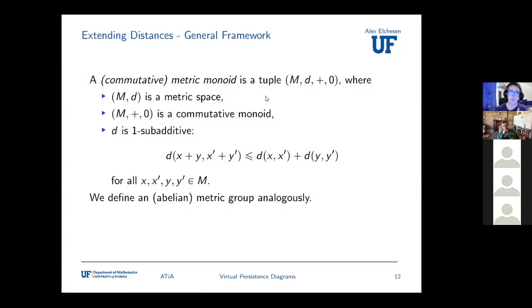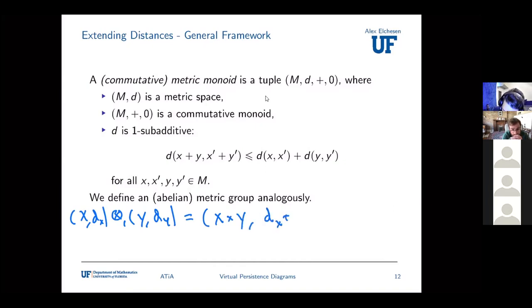So this third condition, the first two obviously are what we want. The third condition we can motivate as follows. There's a tensor product that you can put on the category of metric spaces. So, back up. If I want to take the tensor between metric spaces X and Y, this is just going to be X cross Y, and the metric we put is going to be the sum of metrics.